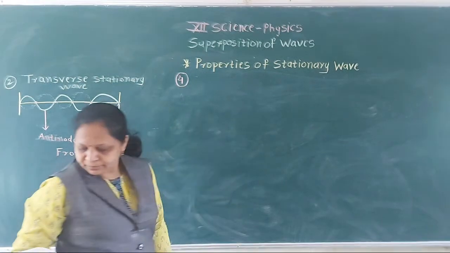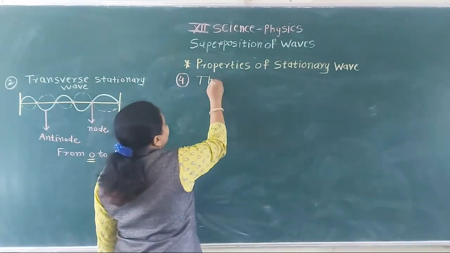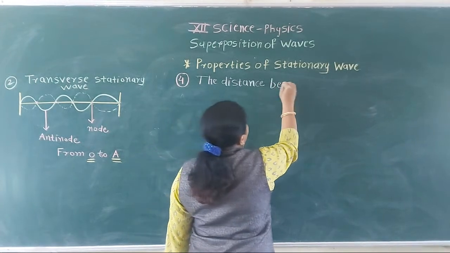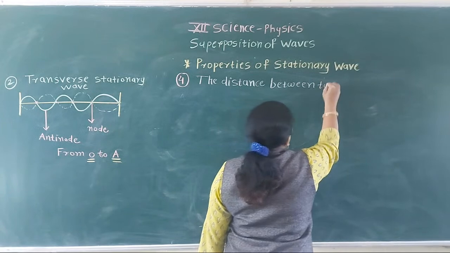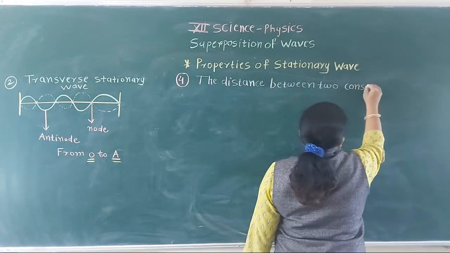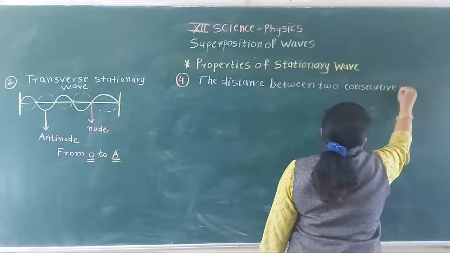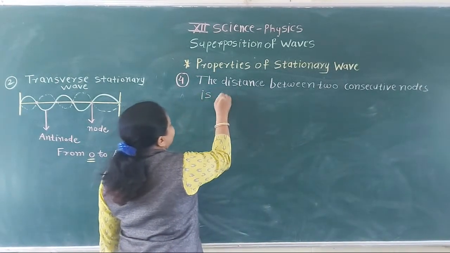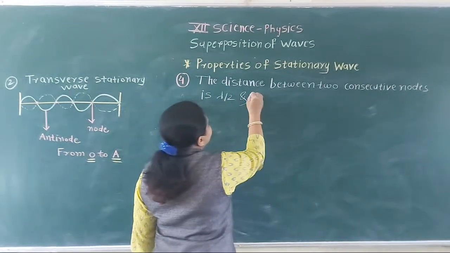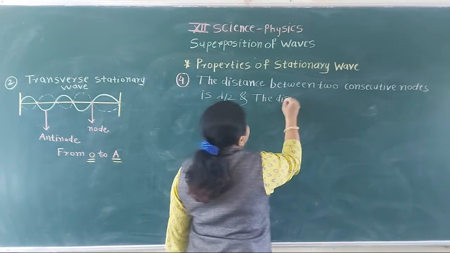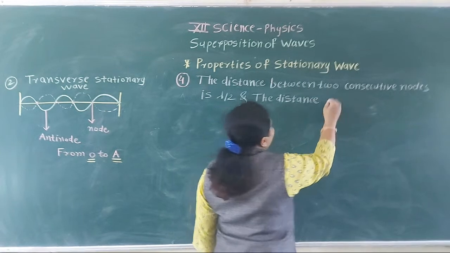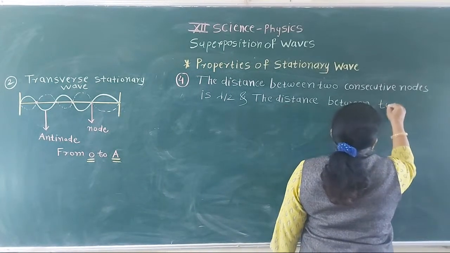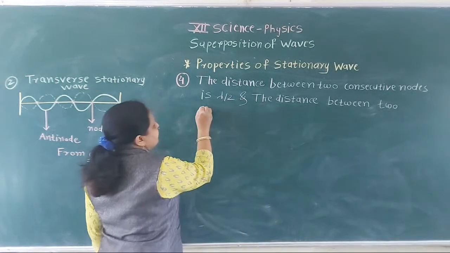The distance between two consecutive nodes is lambda by 2, and the distance between two consecutive antinodes is lambda by 2.